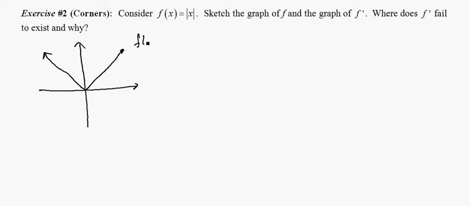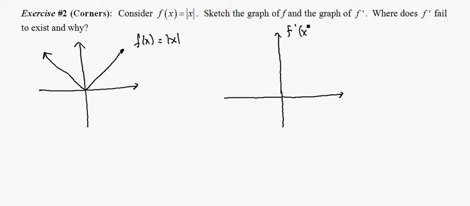So here's f of x equals the absolute value of x. Now, let's take a look at f prime of x. Never forget that the y-coordinates on f prime, in fact, I'm going to label the y-axis as f prime, for any given x should be the slopes.